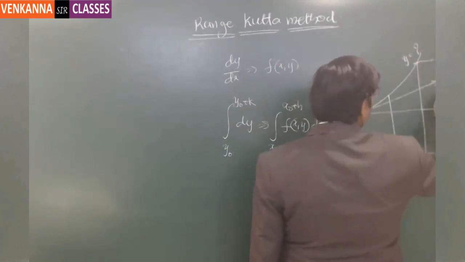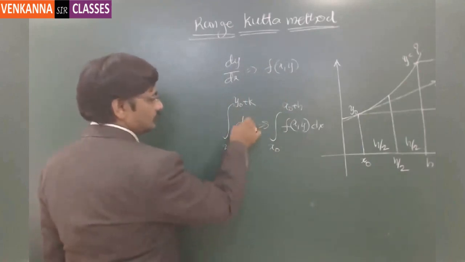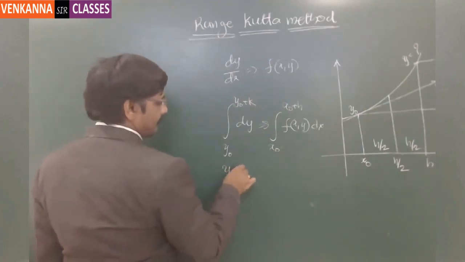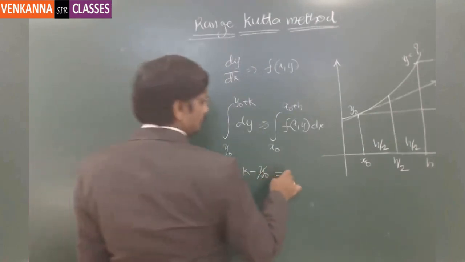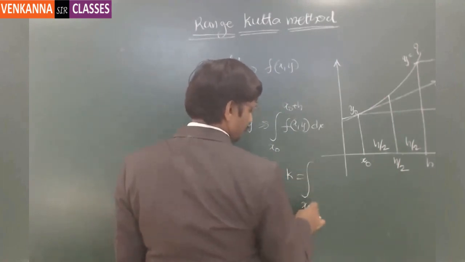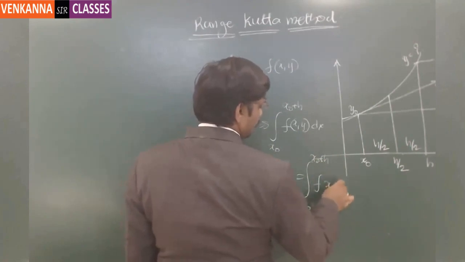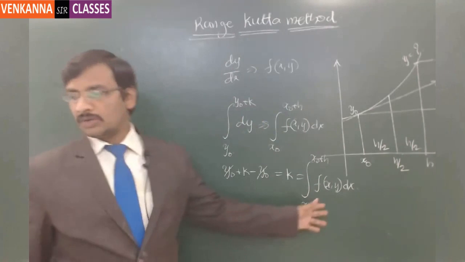If you substitute, dy integrates to y, with upper limit y0 plus k and lower limit y0, and these cancel out, so k is equal to the integral from x0 to x0 plus h of f of x comma y dx. This is the integral which we want to find.